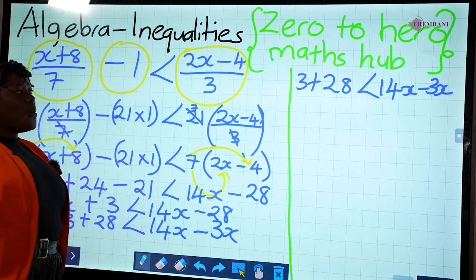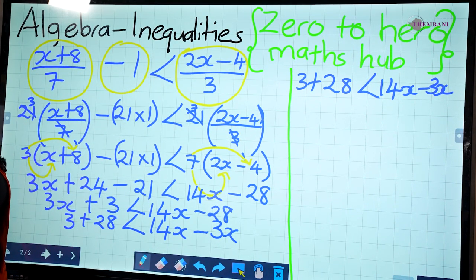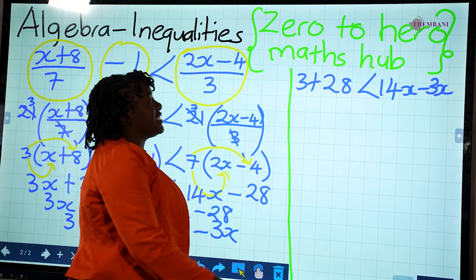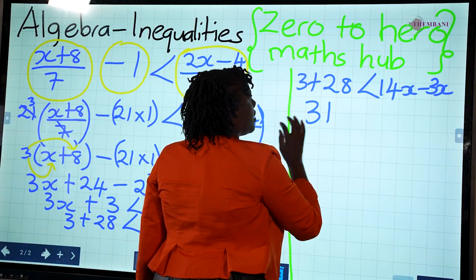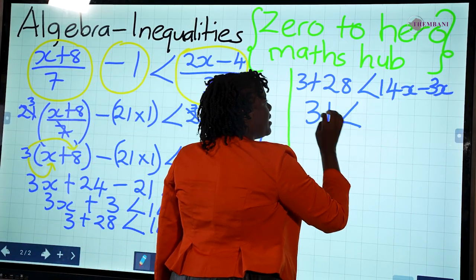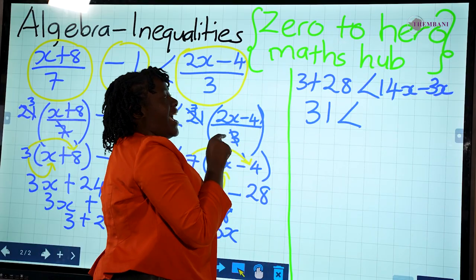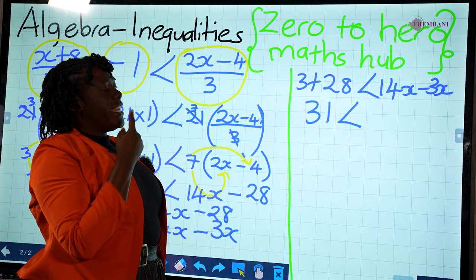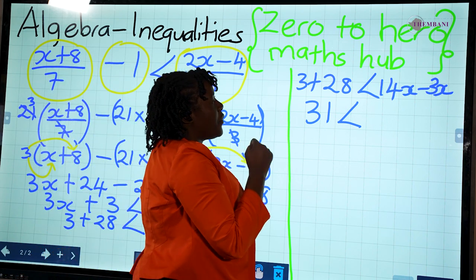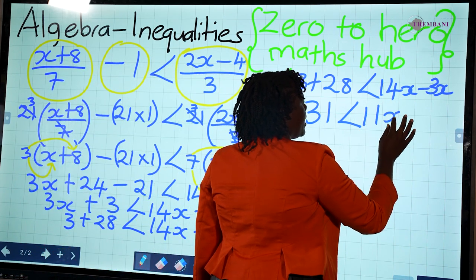Okay. So what is 3 plus 28? If we say 3 plus 28, we are going to get 31. This 31 is less than 14x minus 3x. We are going to get an 11x.